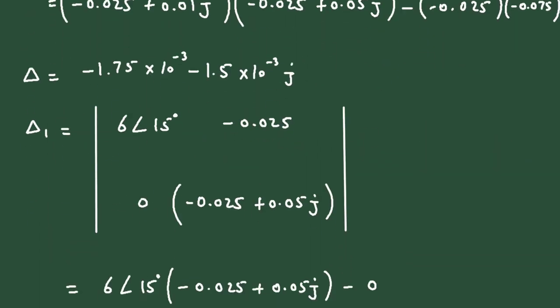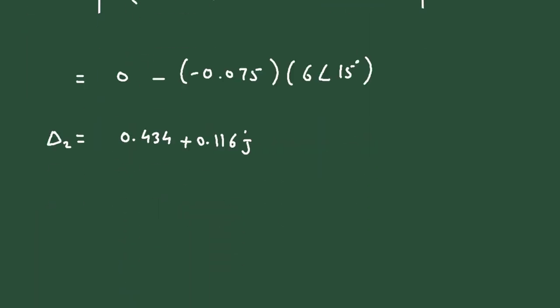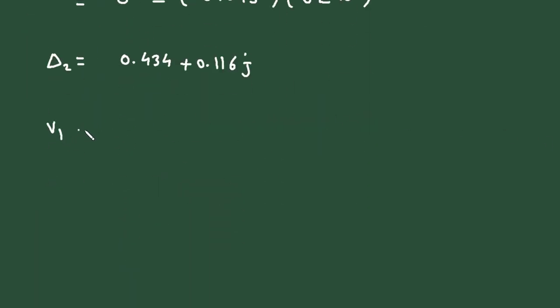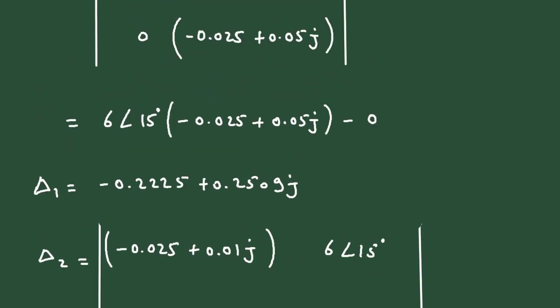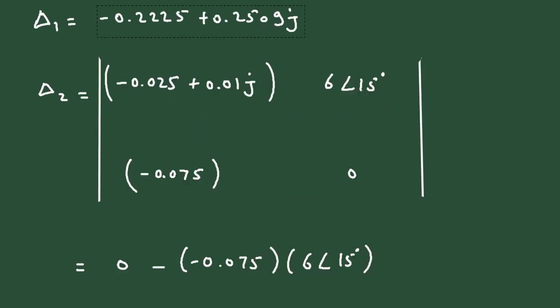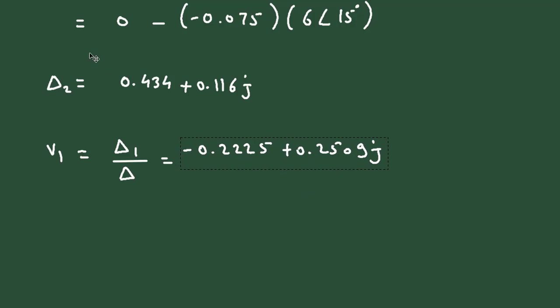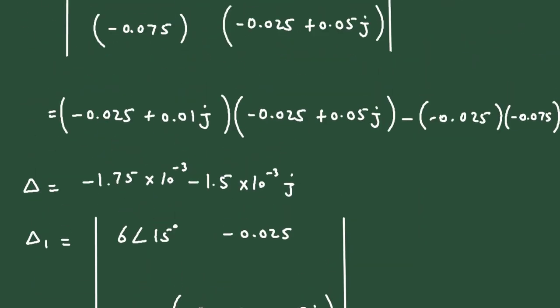Now we got the value of delta, delta 1 and delta 2. So we can easily find the value of V1. So V1 is simply delta 1 divided by delta. So the value of delta 1 is this, and the value of delta is this.